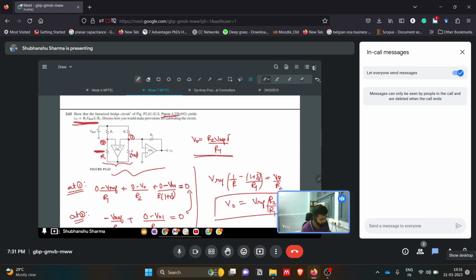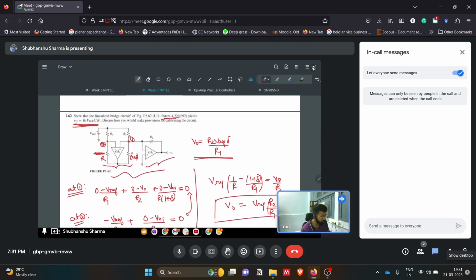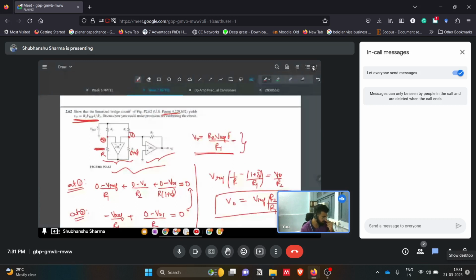So using one more op-amp, we were able to linearize this circuit and also increase the gain of this circuit. So gain has been increased.